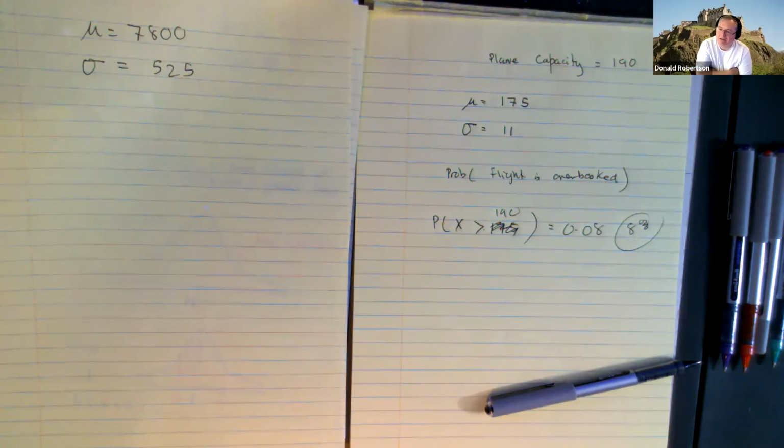If you fly a plane and you always make sure that there's 2 or 3 spare seats, so you never book more than the capacity of the plane, aren't you going to lose money in the sense that you're not going to sell tickets for those extra 2 or 3 seats for safety? So it's cheaper for them, in 1 in 12 flights, to have an overbooking.